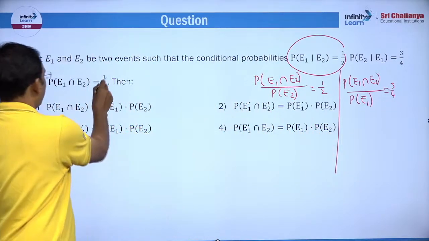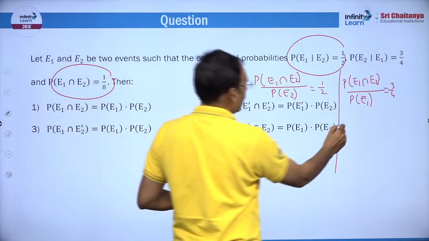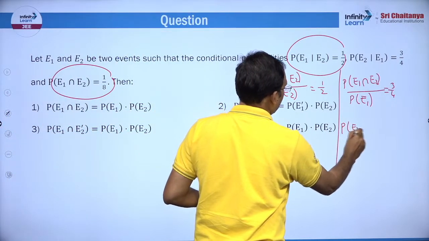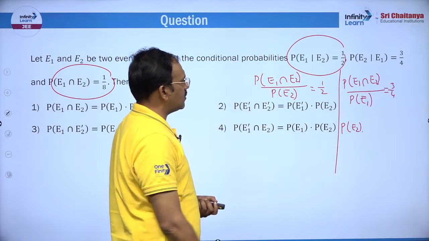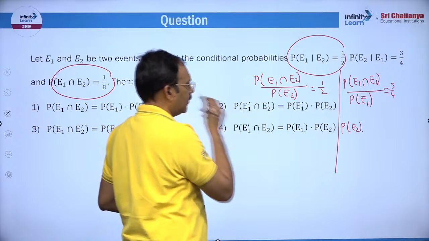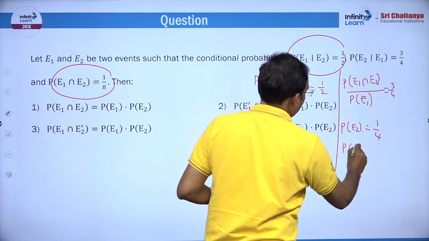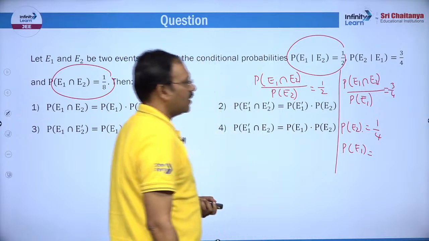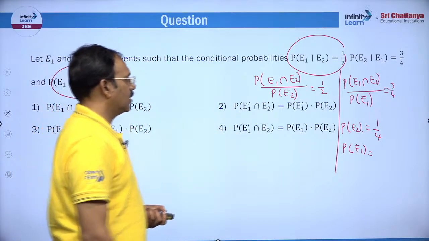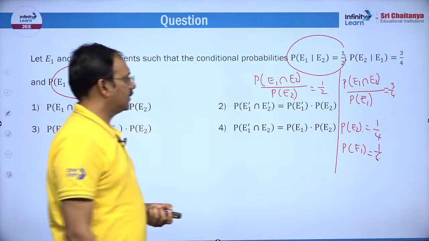And P of E1 intersection E2 is given as 1 by 8. So from this, friends, you can say P of E2 is 1 by 8 into 2, which is 2 by 8, 1 by 4. P of E1 is 1 by 8 into 4 by 3, which is 1 by 6.